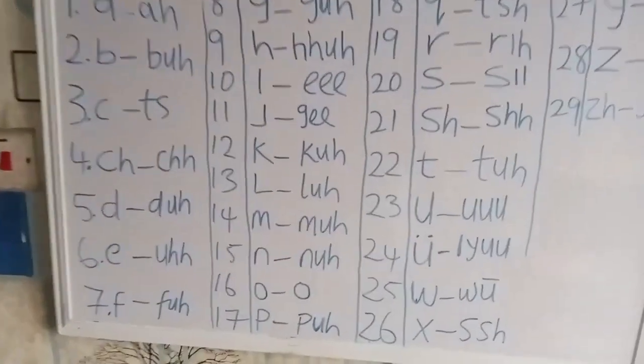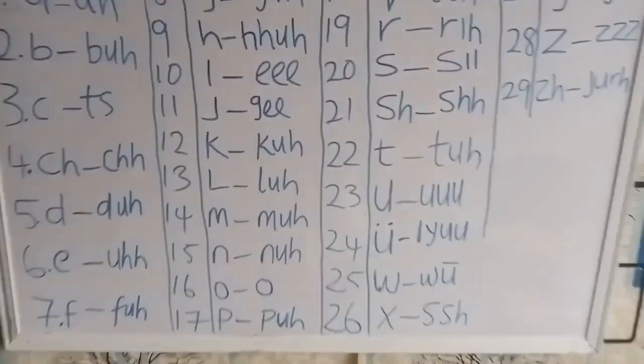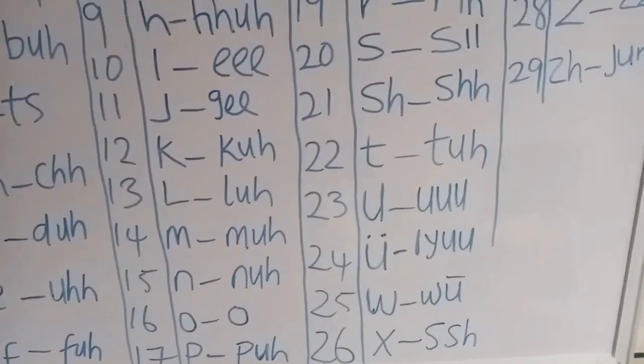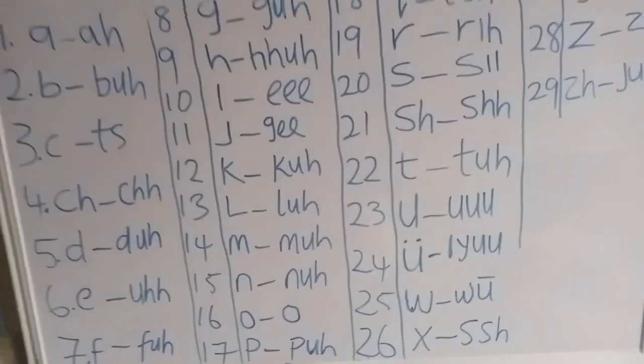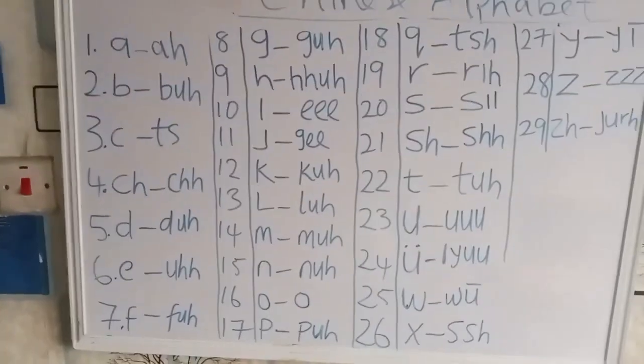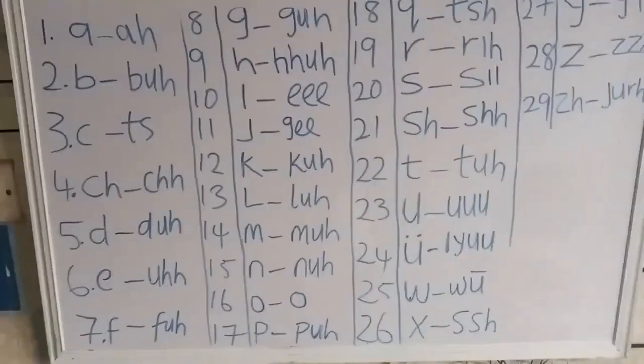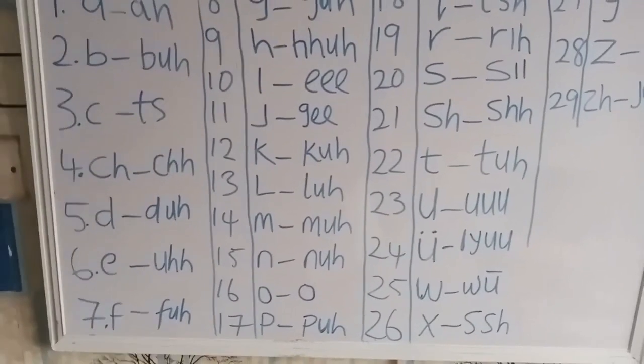And then the English alphabet has V, but here the second U with the 2 dots is what is taking the place of the V. There is no V in the Chinese alphabet.